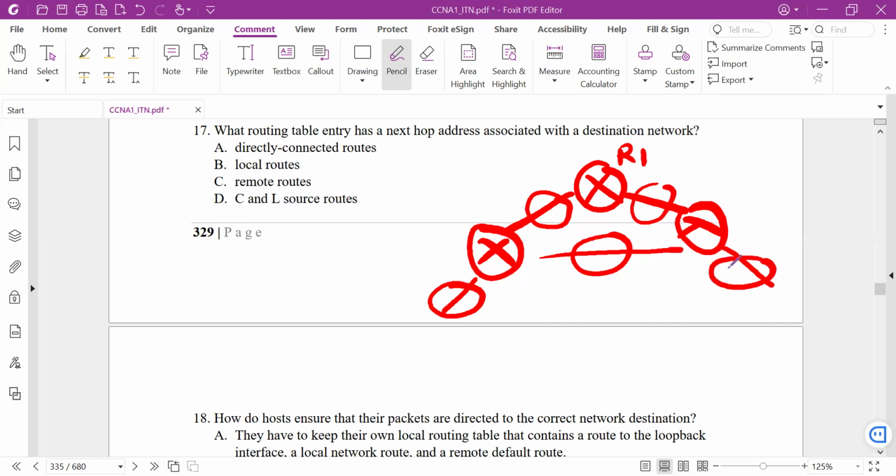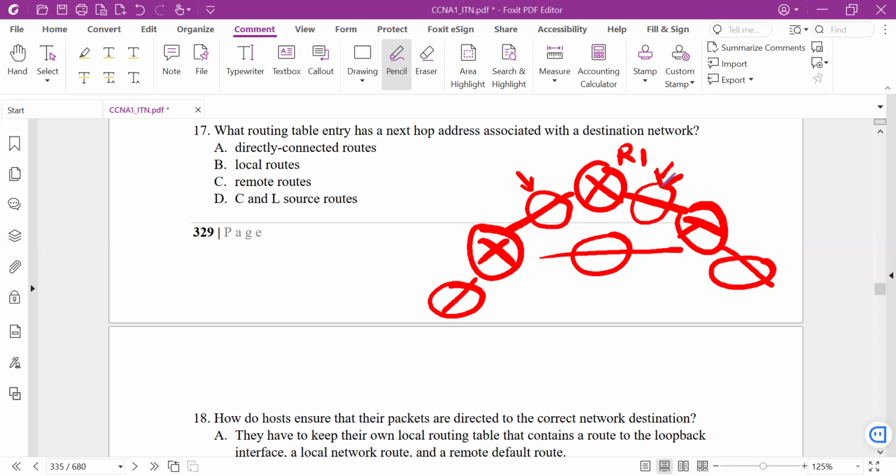When we are talking of learning about networks, that's where we are talking about routing protocols like OSPF, which are used to learn about routes beyond directly connected networks. And when we're talking of directly connected networks, something like these ones, these are directly connected networks because they are directly attached to the router.